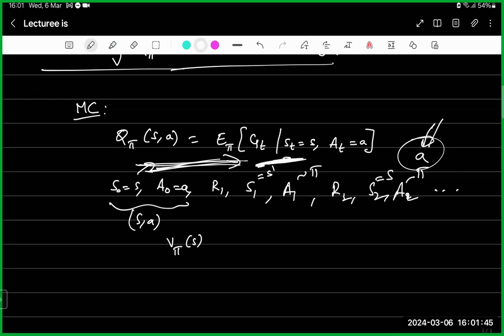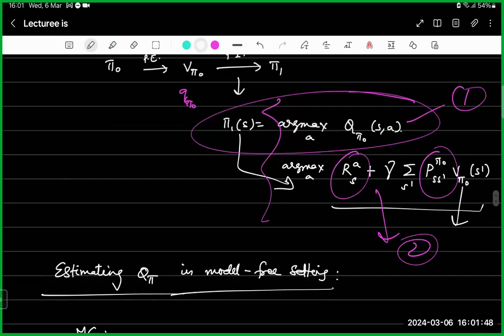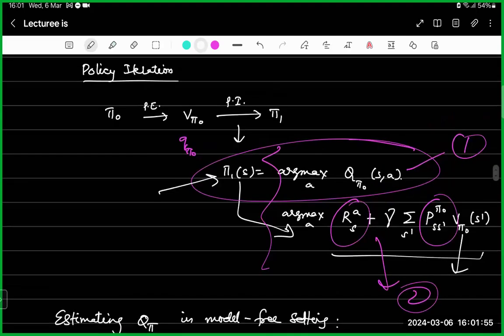Previously we were looking at only deterministic policies, right? What is this policy pi one? It's a deterministic policy, right? Because when we do the policy improvement here, we are getting a deterministic policy. For every state you are fixing one particular action. So that means if pi of s is not equal to a, you will never see that pair if you play according to pi. But what if our policy is a stochastic policy?